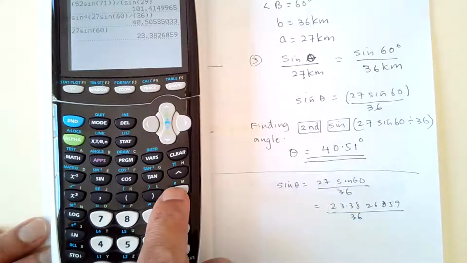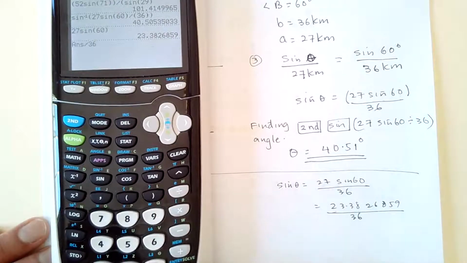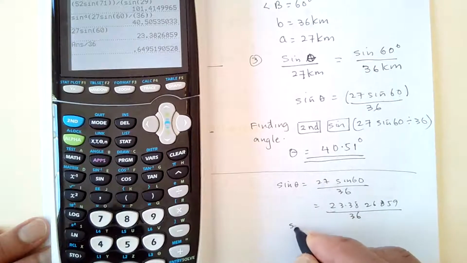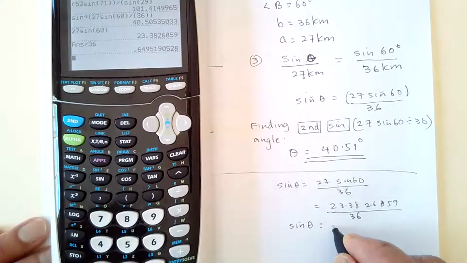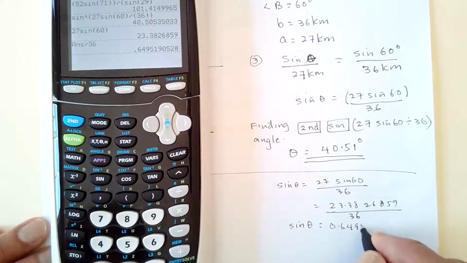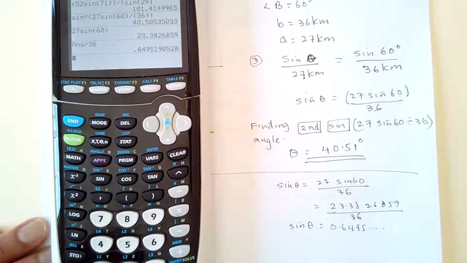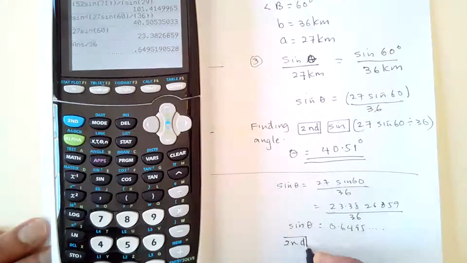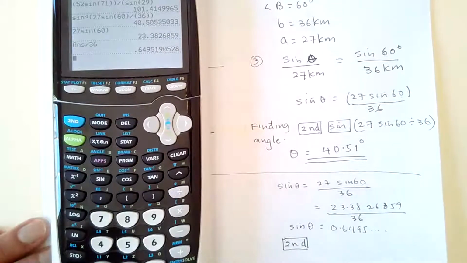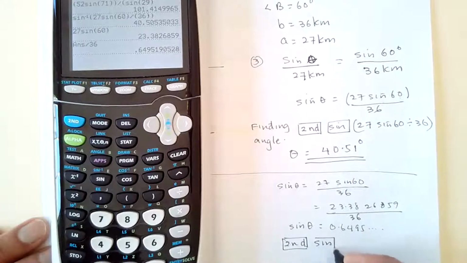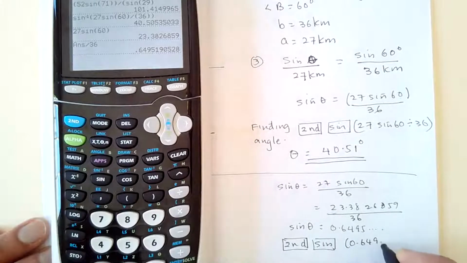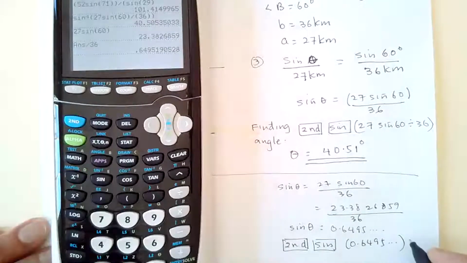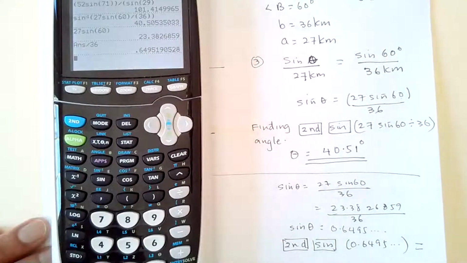Now I divide that by 36. And I have sine theta is equal to 0.6495. Now I'll press my second button, sine, and this value here, 0.6495, equal.